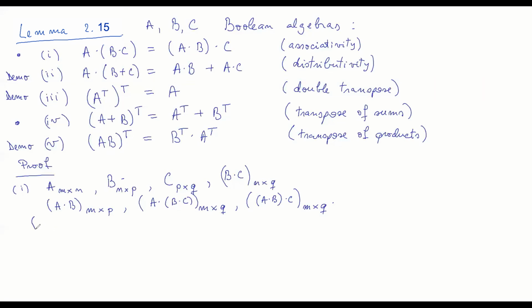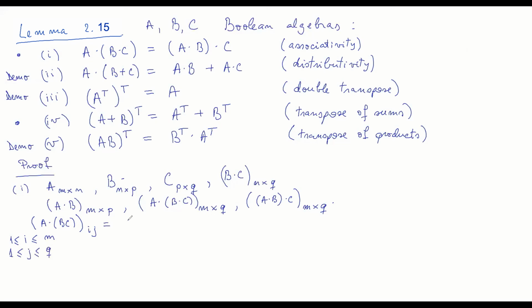So I'm taking an element of the matrix on the left-hand side, element ij, and obviously in this case, what I mean is that i is some element from 1 to m, and j is an element from 1 to q.